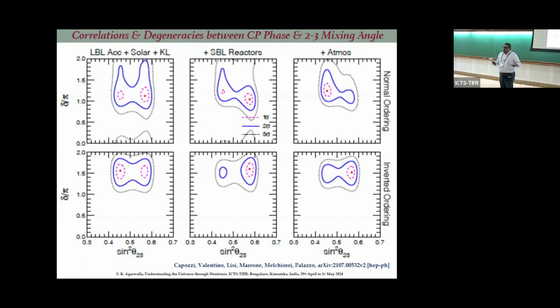So in three flavor, theta 1, 3 is there, and you need to integrate or marginalize over that unknown parameter space. That will deteriorate these contours. It will make them big and hopping here and there. But if Daya Bay tells you, no, I know theta 1, 3, you can't make me hop here and there, then that will also affect this fit in delta CP and theta 2, 3. You can see here.